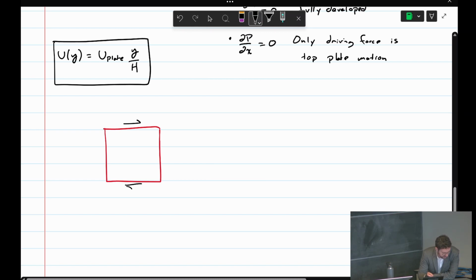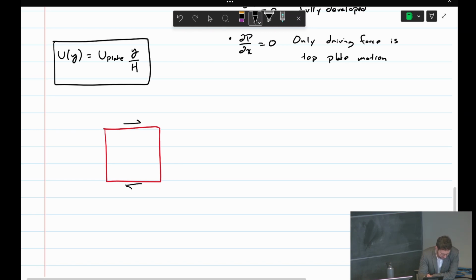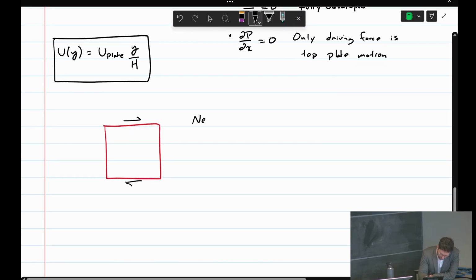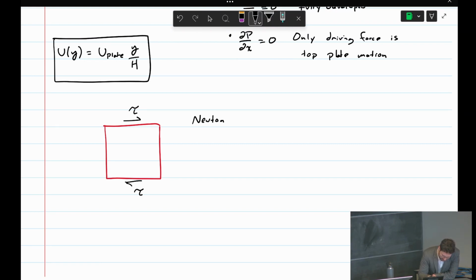This red box will experience the shear stress there. So that shear stress is tau. So far, we haven't actually seen how we calculate tau.